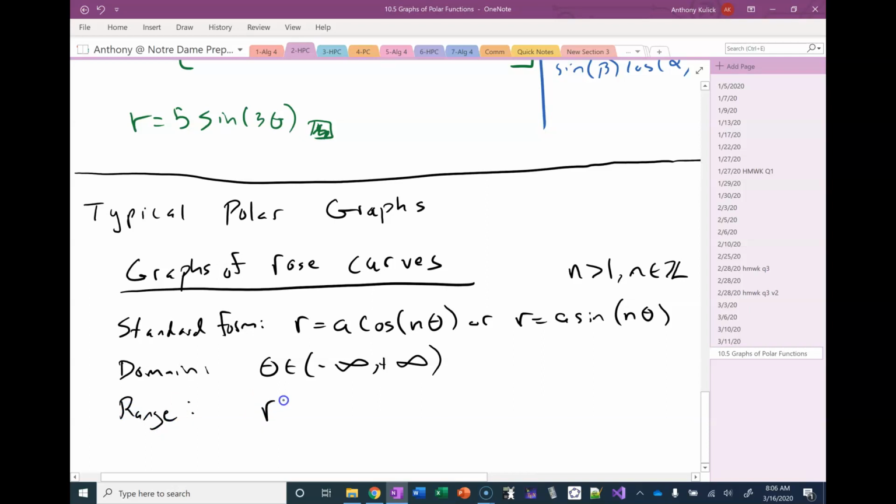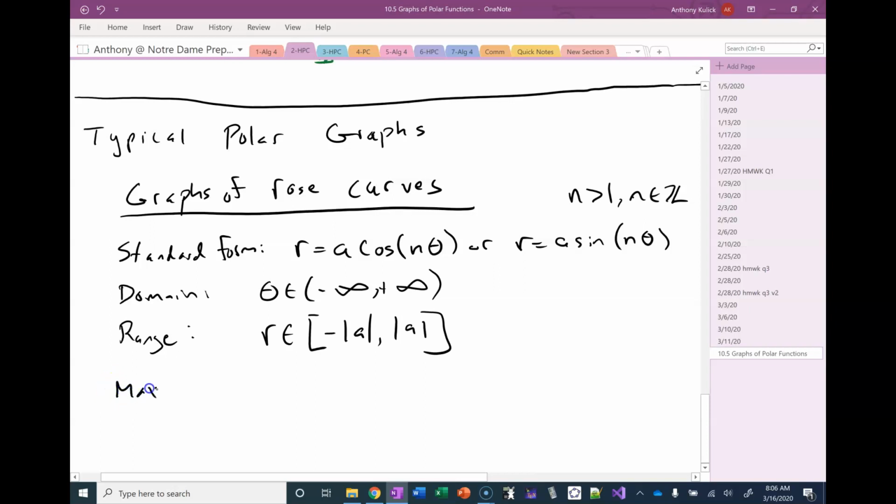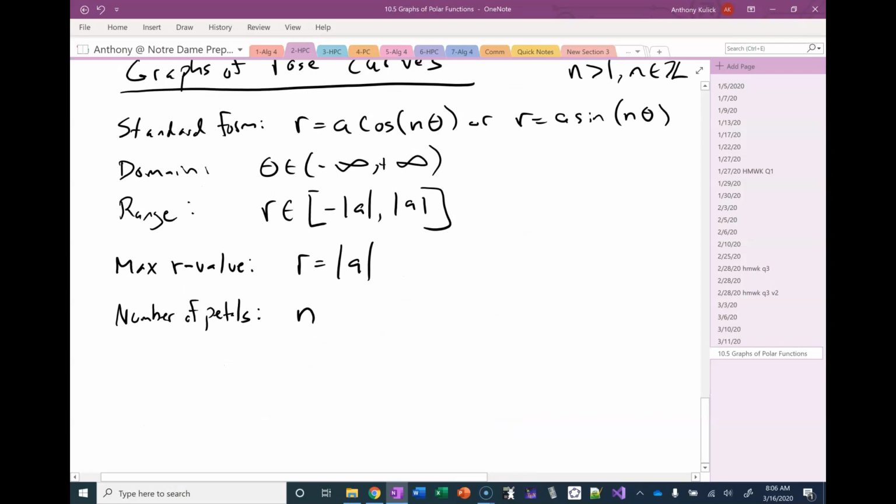And the range is always going to be negative the absolute value of a, comma, absolute value of a. And as a direct consequence, the maximum r value is always going to be the absolute value of a. The number of petals in our graph is always going to be n, and we'll talk about what we mean by petals here in a second when we actually graph one of these on our calculator.